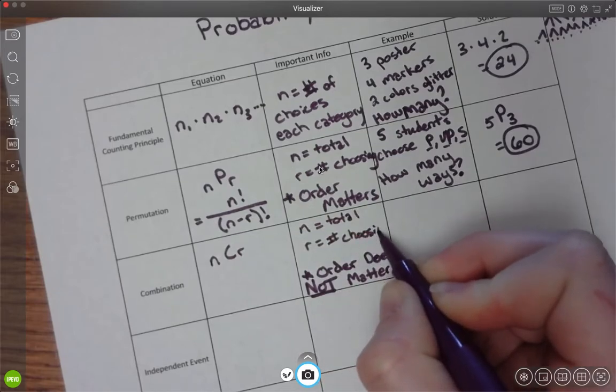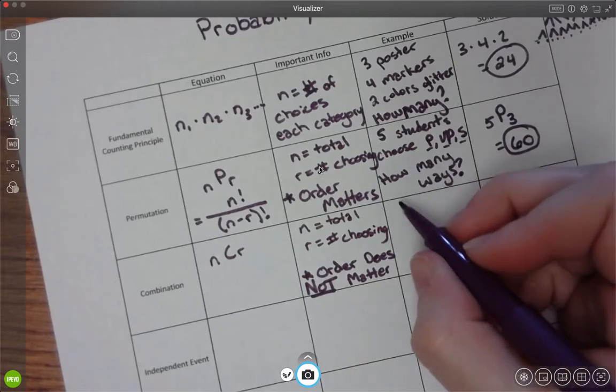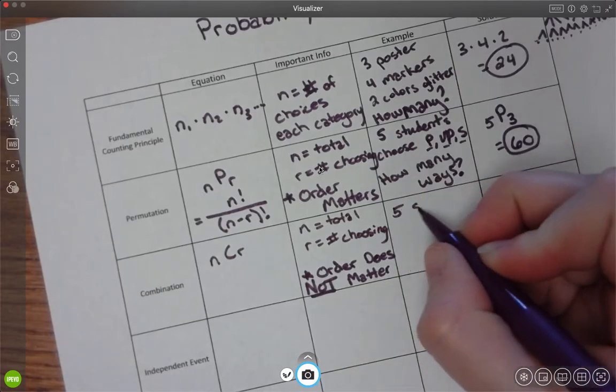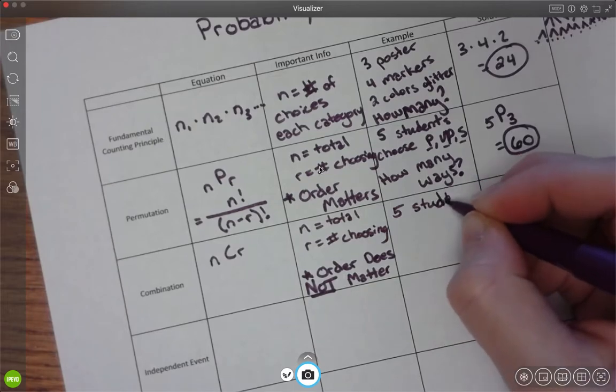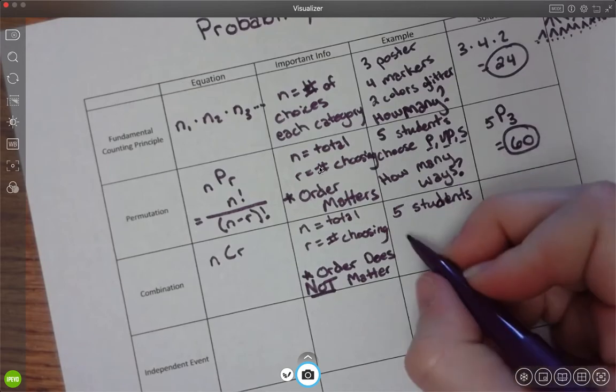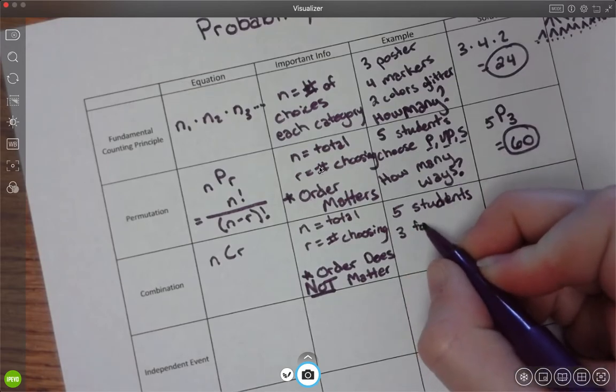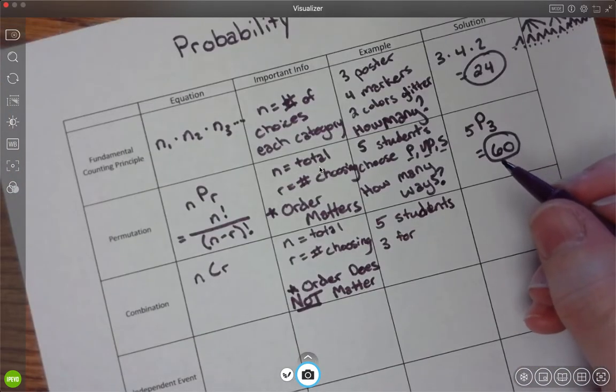Okay. And so the example that I use for this, I'll still use 5 and 3. So 5 students, 3 for, what committee do I want them to be on?